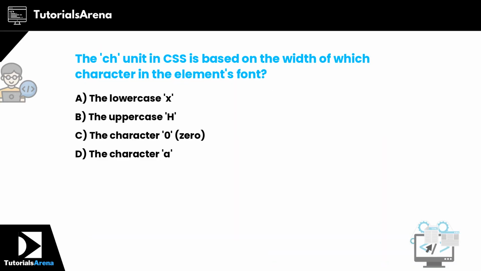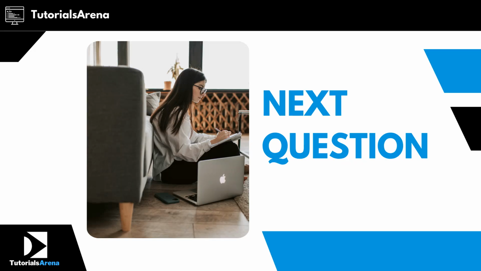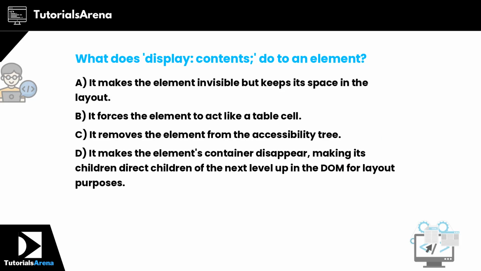The ch unit in CSS is based on the width of which character in the element's font? The correct answer is option C, the character 0. What does display: contents do to an element?